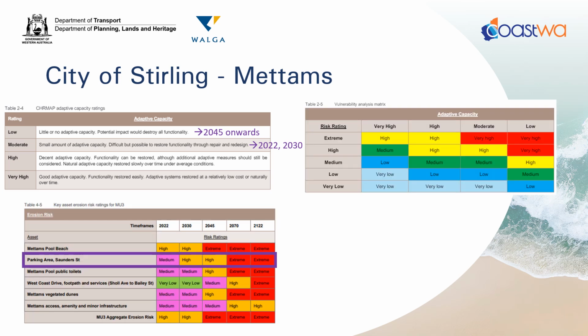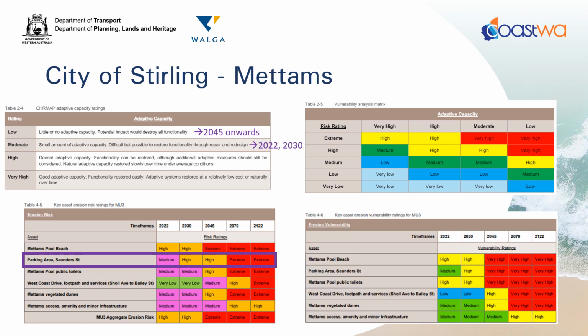So when we look at this, we take our risk ratings, which is shown in the figure down in the bottom left, and when we look at our vulnerability analysis table up on the top right, we end up with a medium level of vulnerability in 2022, and that comes about because we have a medium level of risk and a moderate adaptive capacity, which gives us medium.